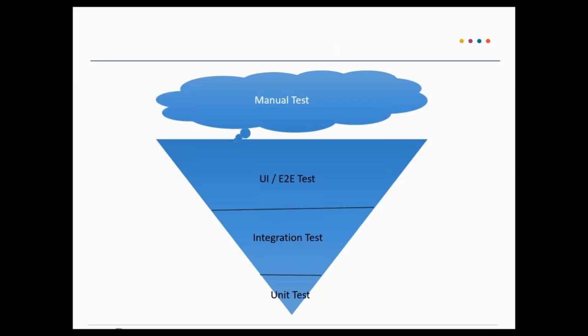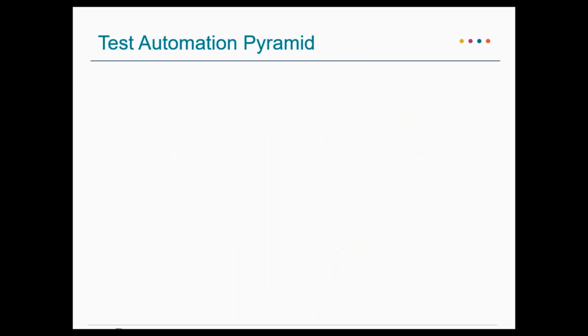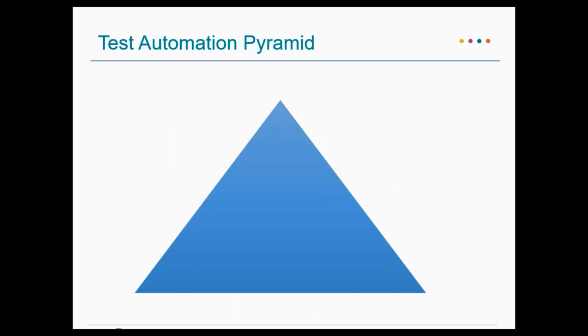So what has been done in that case? The ideal situation is this triangle, where the foundation is your unit test cases, and you write as many unit test cases as possible.